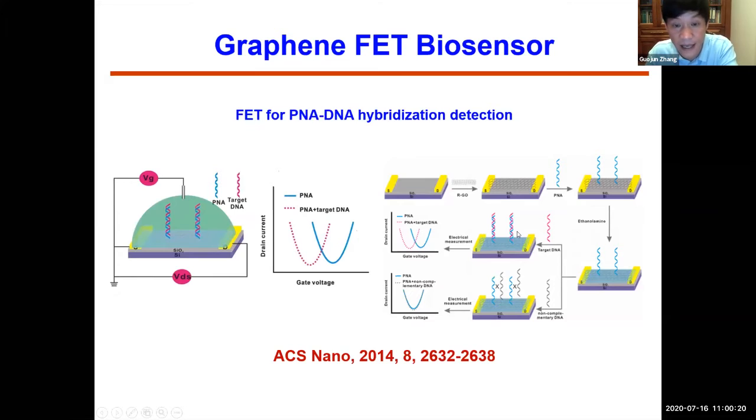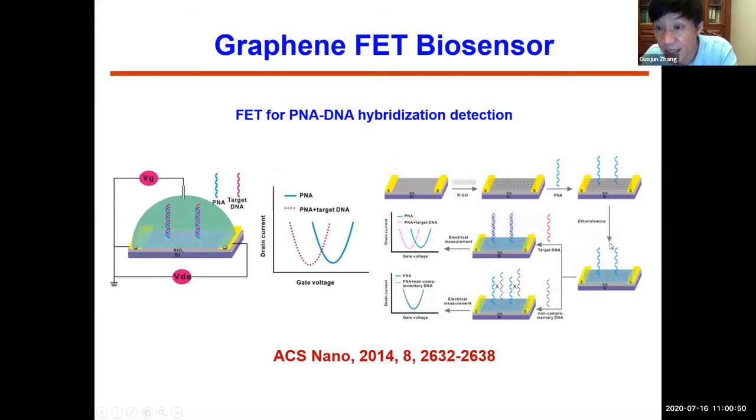This can increase the sensitivity. This is a schematic illustration of the graphene FET biosensor for detection of DNA. On the FET chip, reduced graphene oxide is drop-casted on the silicon oxide, and the PNA is immobilized on the graphene surface.